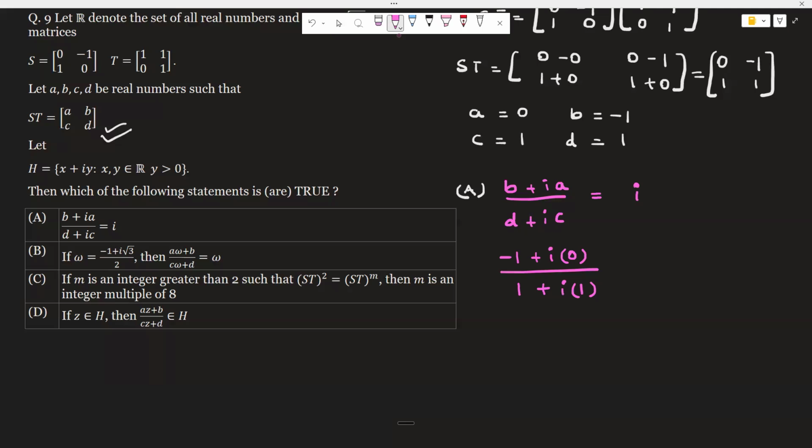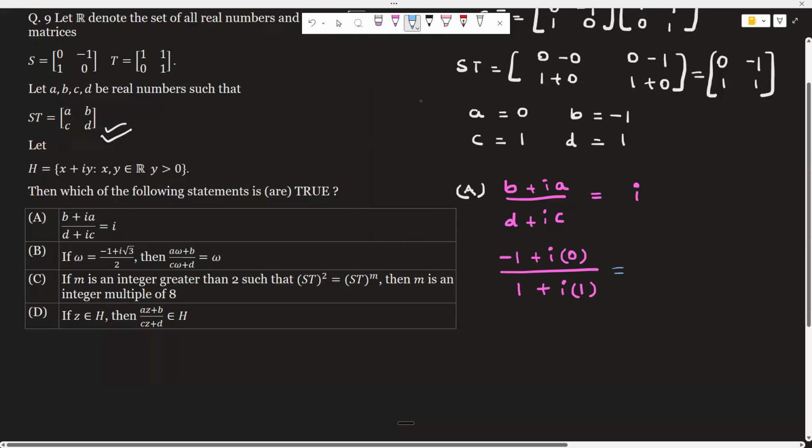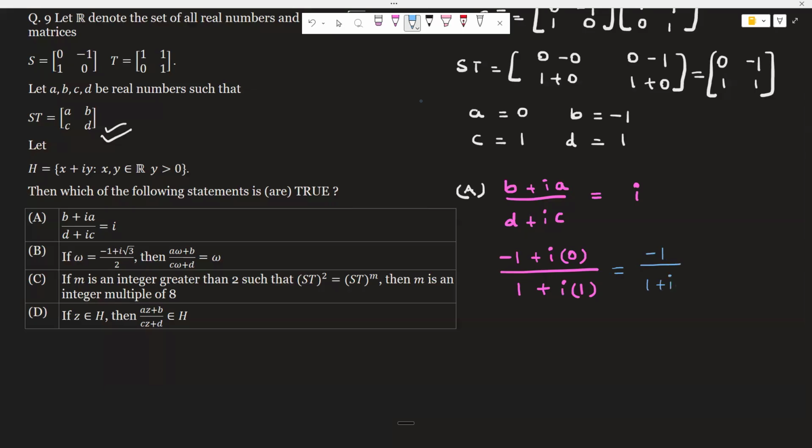First we will calculate these numbers, whether we are getting that particular i or not. Later we will finalize the answer. So it was -1 by 1 plus i. The denominator should not contain any complex number, so we will do rationalizing to remove the complex number from the denominator.